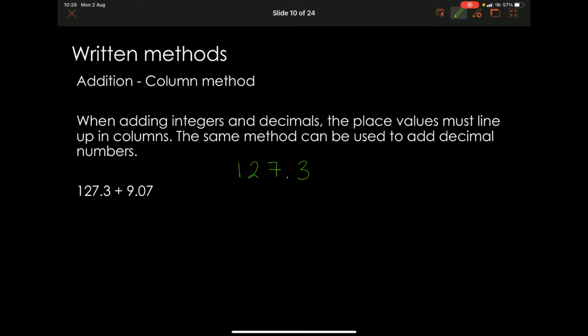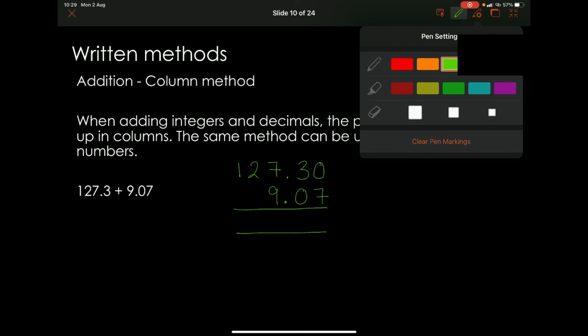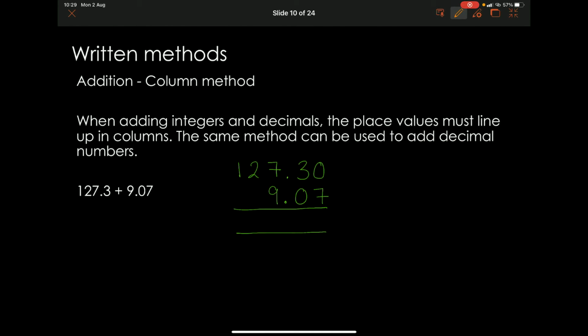So 127.3, and then we're going to add to that 9.07. Now it looks a bit odd because you've not got a number on the end after the 3. So if it helps you, you can put a 0 there, because that's technically what that means. But you must line up your decimals. And then we're just going to add in the same way. I'm also going to put my decimal in my answer there because it stays in the same place.